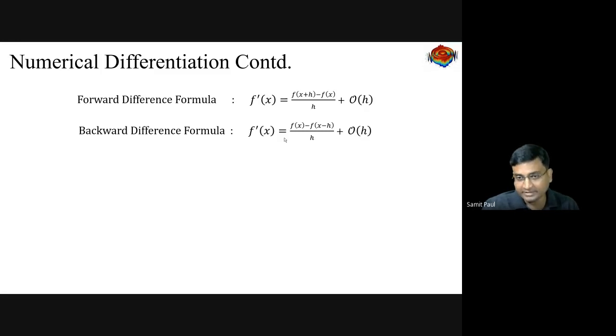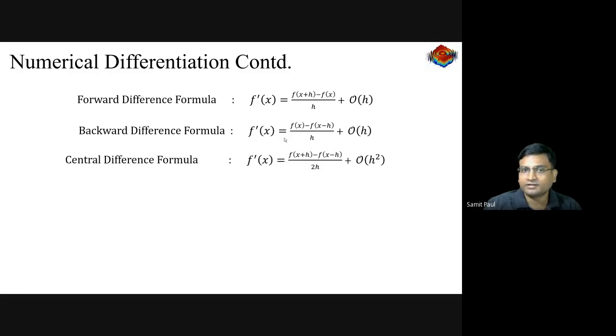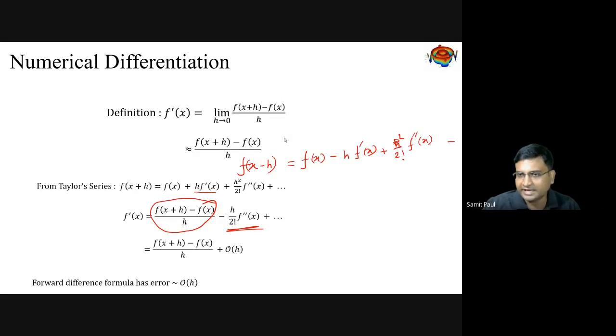Anyway, numerically, you can use this formula or this formula, whichever is useful or convenient to you. There is another formula which can be used, that is called central difference formula. In the central difference formula, you take f of x plus h and f of x minus h, then take the difference between them.